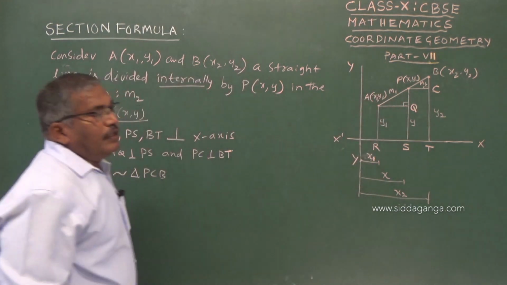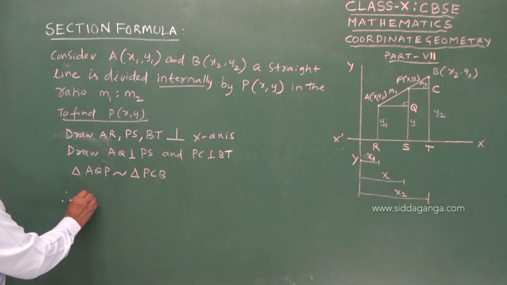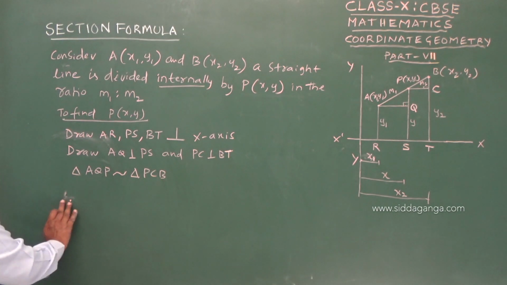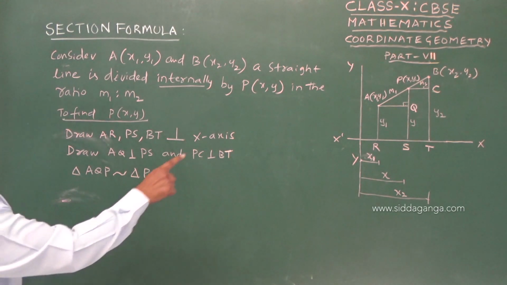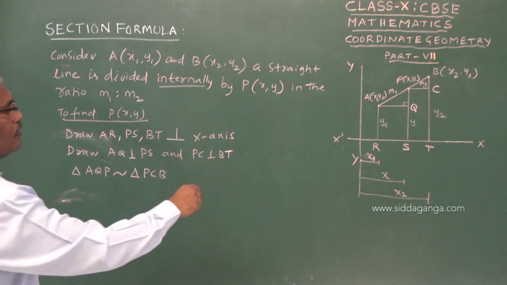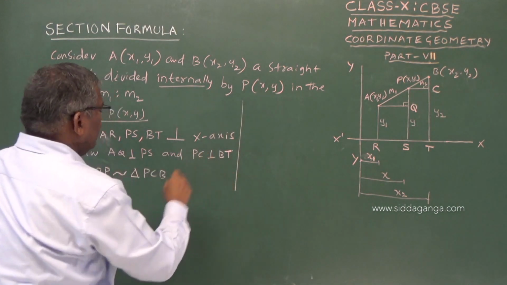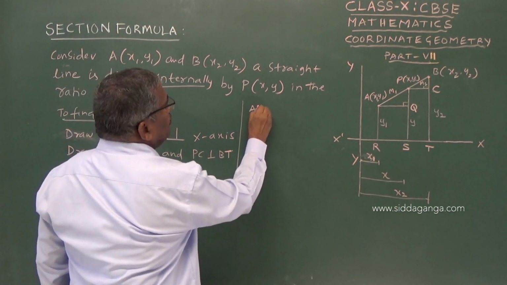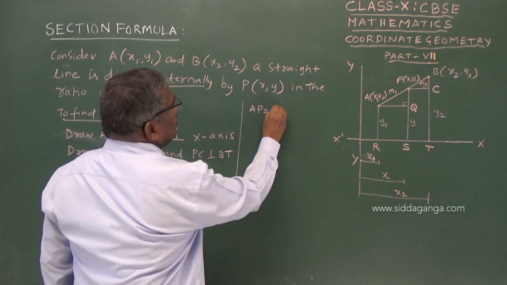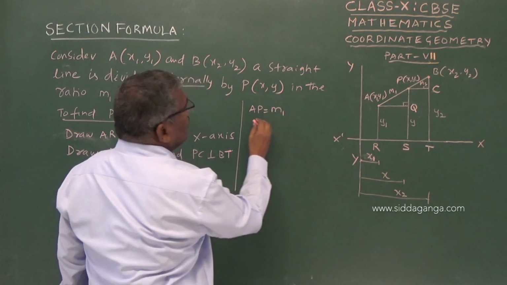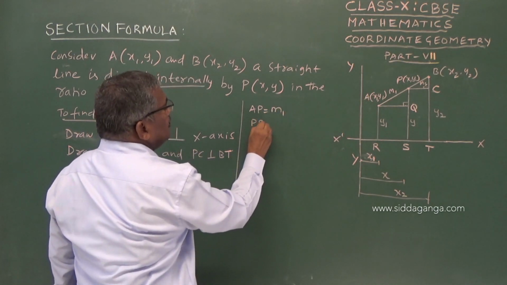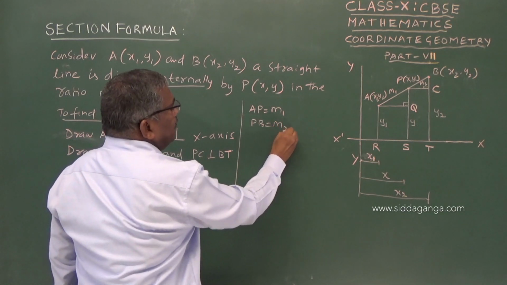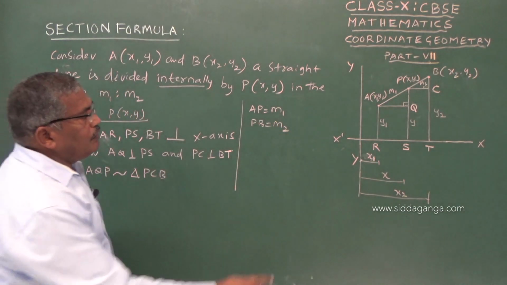AP. So before that, I will write here for your convenience. You note down this: AP equals M1, PB equals M2.